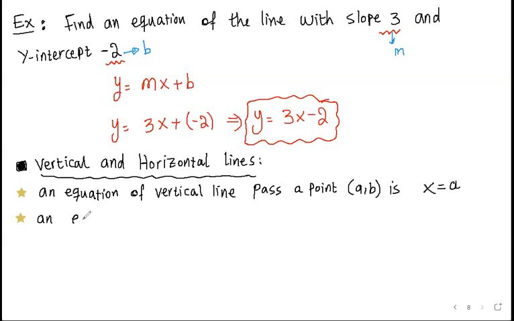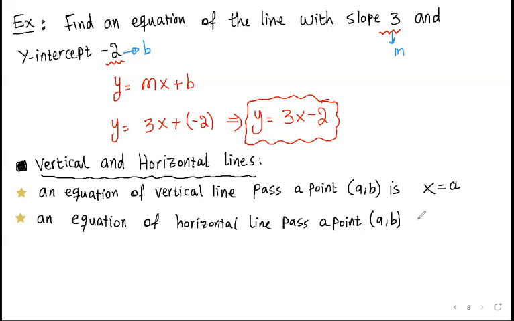So the equation of a horizontal line that passes through the point (a, b) is y equals b.